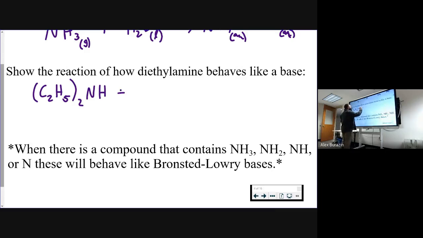So I don't care about that part, but here's what I do care about. We need to show how this is a base. We're going to do the exact same thing we just did with the ammonia. I have this compound with water, and the water is going to donate a hydrogen over here, and this molecule will accept it.